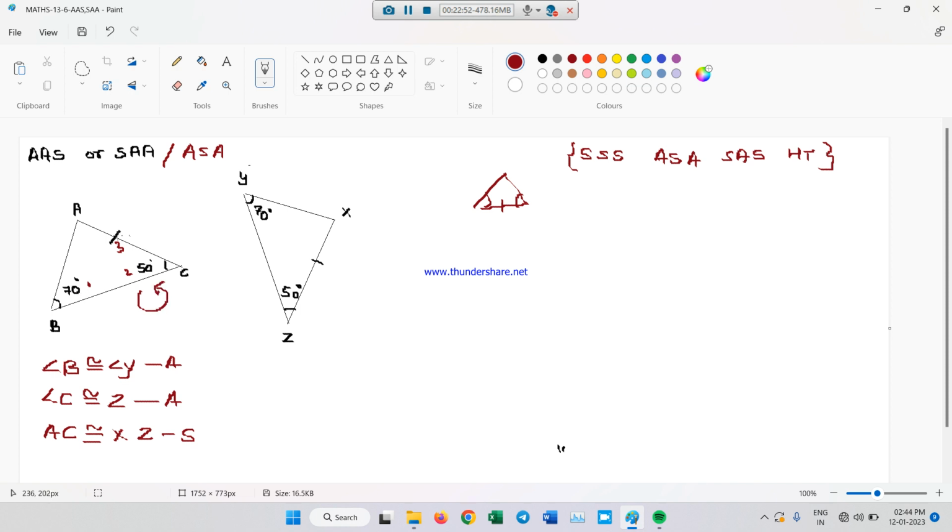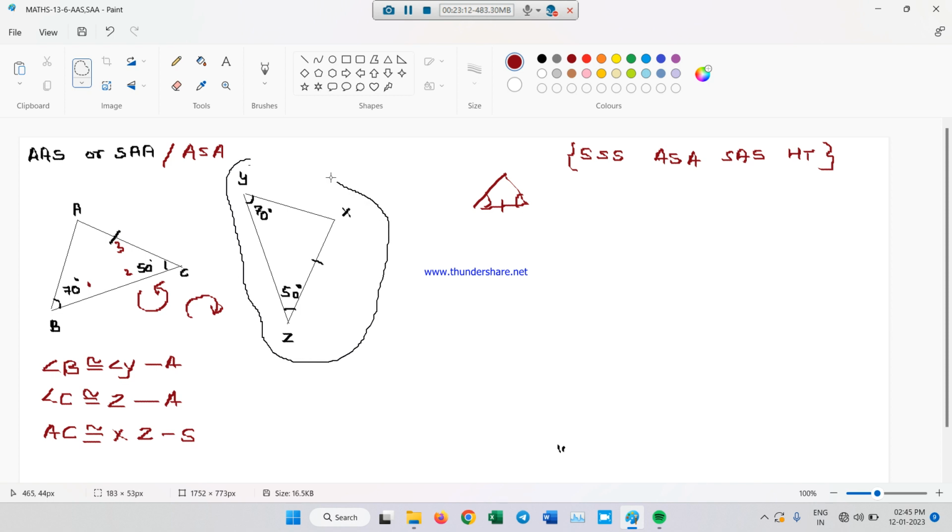Okay, so let's do our one-to-one correspondence for this triangle as well. We will rotate this. Now it is matching.